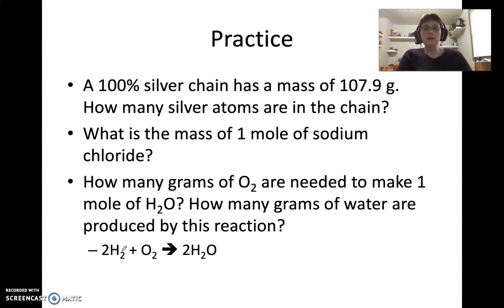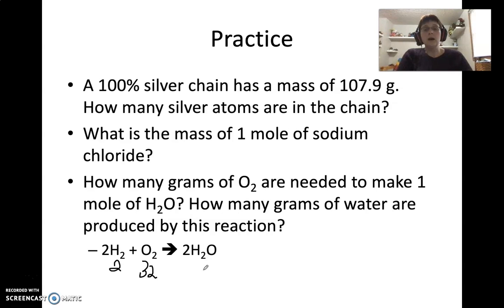So again, we can figure this out. We've got 2 moles of hydrogen, we've got 2 moles of water, but let's just go ahead and figure out the molar mass of each of these compounds or elements. The molar mass of the hydrogen is again 2. The molar mass of molecular oxygen, we know, is 32.